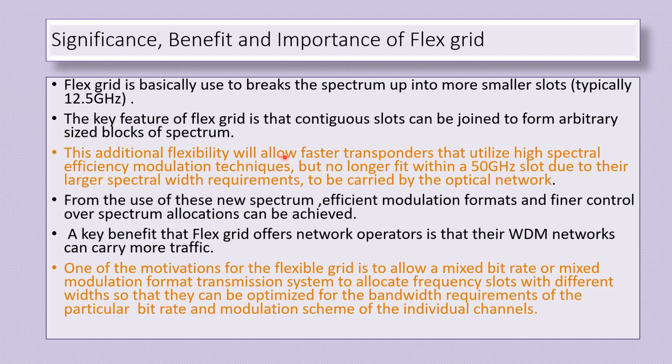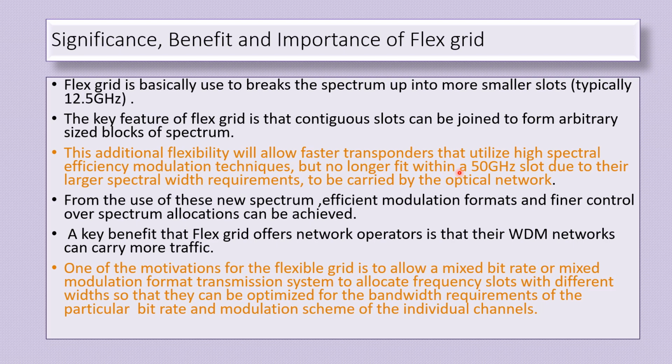This additional flexibility will allow faster transponders that utilize high spectral efficiency modulation techniques but no longer fit within a 50 GHz slot, due to their larger spectral width requirement, to be carried by the optical network. Suppose a transponder is using a high spectral efficiency modulation technique and it needs more than 50 gigahertz, like 75 gigahertz or 100 gigahertz slot width.